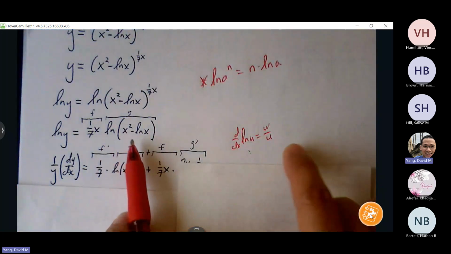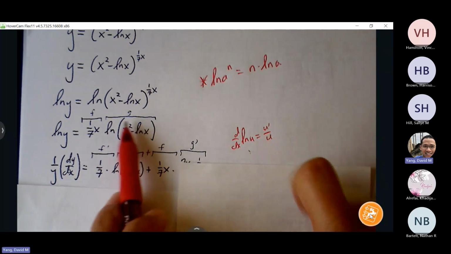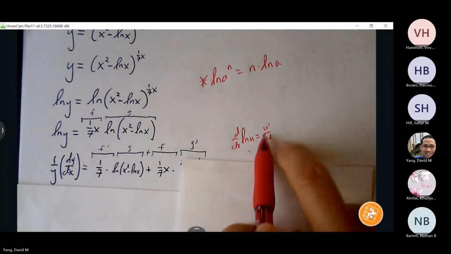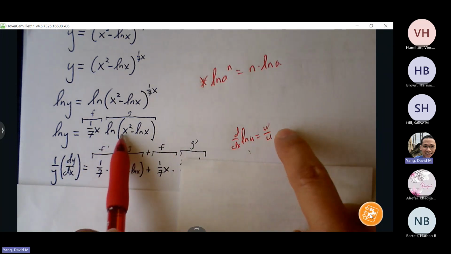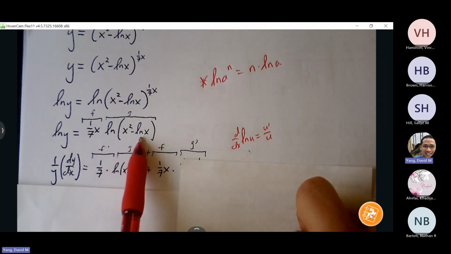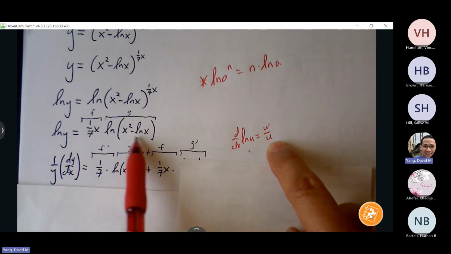My u value is this x squared minus natural log of x. So the derivative of this goes in this space here. What's the derivative of x squared minus natural log of x? 2x minus 1 over x. Yep. That derivative goes in this spot within the larger natural log rule, and the u value in the denominator is just x squared minus natural log of x.